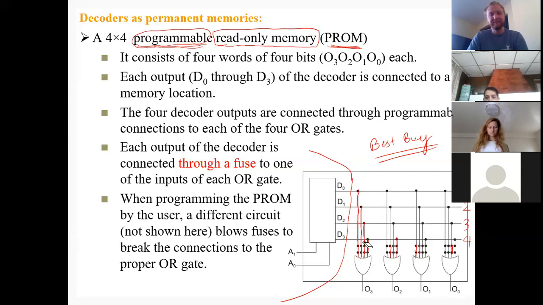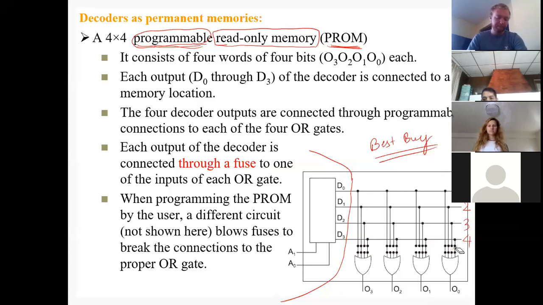So in order to program it, as you noticed earlier, I programmed this memory here. To program this memory, I blew the fuse here. Boom. Boom. Boom. I blew the fuse here. Okay.